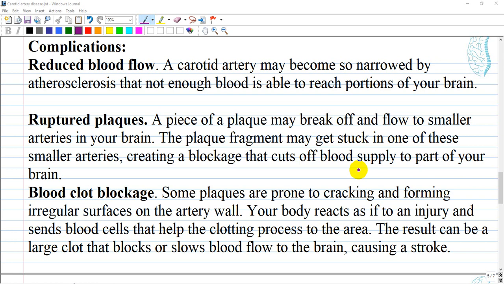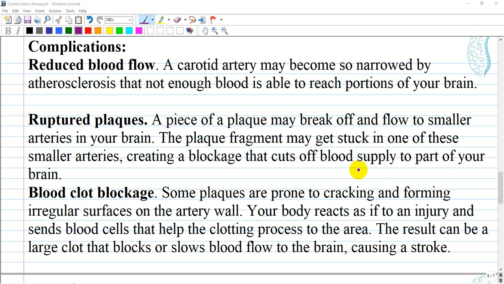Carotid artery disease can lead to reduced blood flow. The carotid artery may become so narrowed by atherosclerosis that not enough blood is able to reach portions of the brain. Ruptured plaques: a piece of plaque may break off and flow to smaller arteries in your brain.